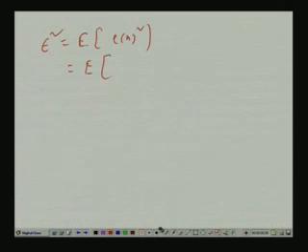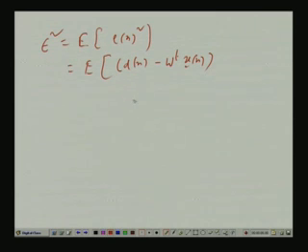E square n, and what is E n? D n minus W transpose x n. This is a square, but instead of square I can always write this into this, since that is a scalar number, say a square. A square can be written as a into a. Further, for any scalar number a, its transpose is the same as a.